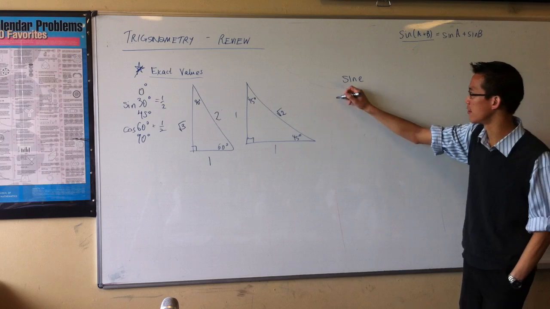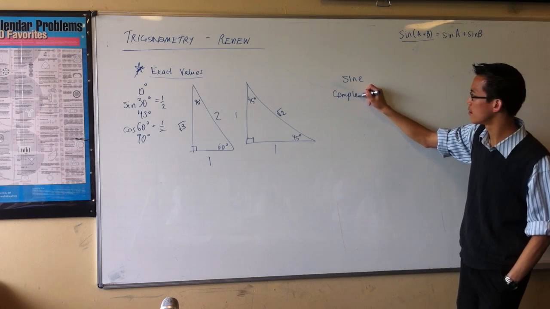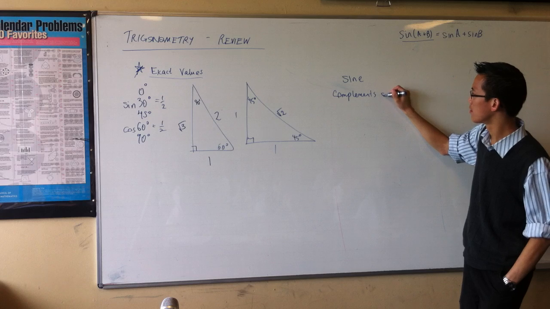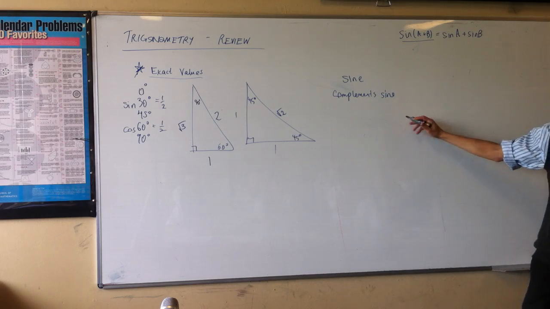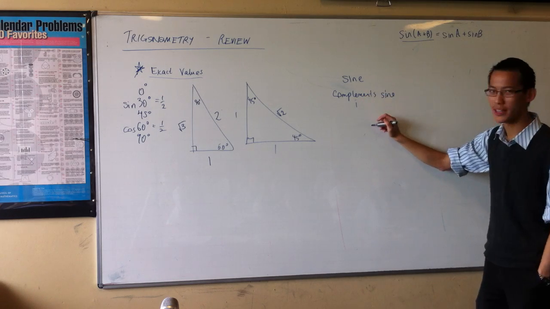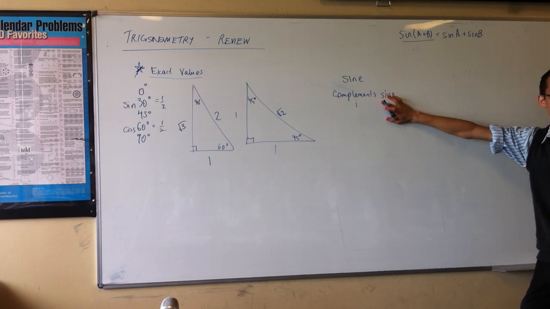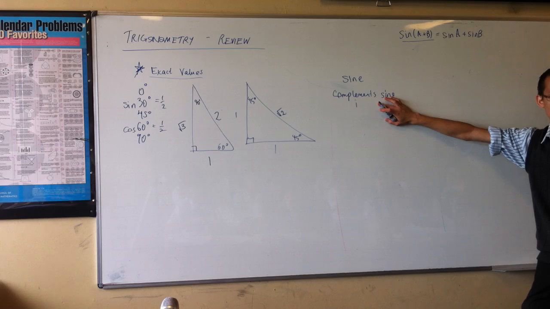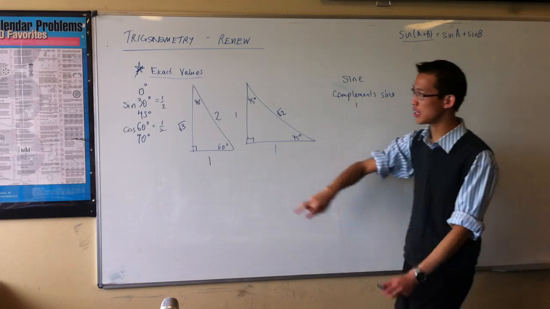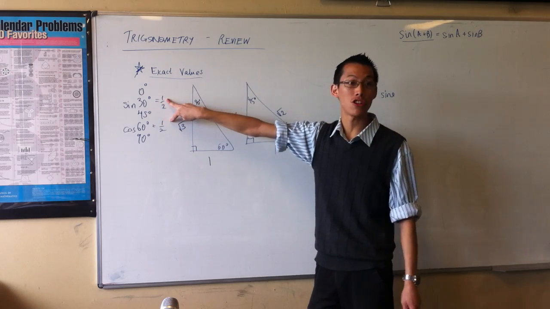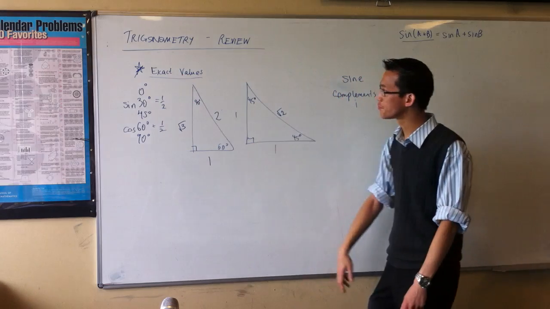It's an abbreviation. It stands for complement sine. You guys know what a complement is, as opposed to a compliment, as in, that's a nice haircut? A complement in maths means adds to 90. So if you've got these two adding to 90, then you'll have the same ratio.